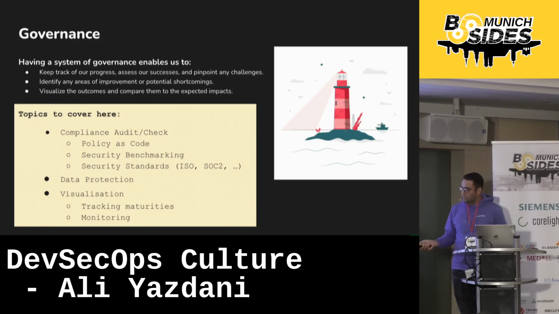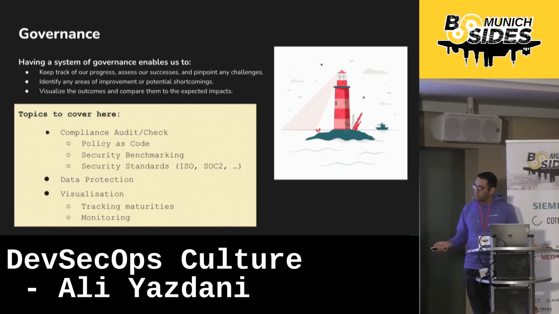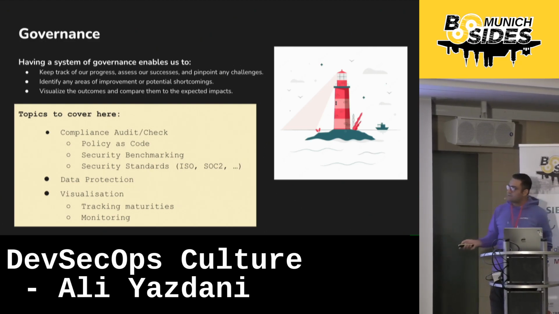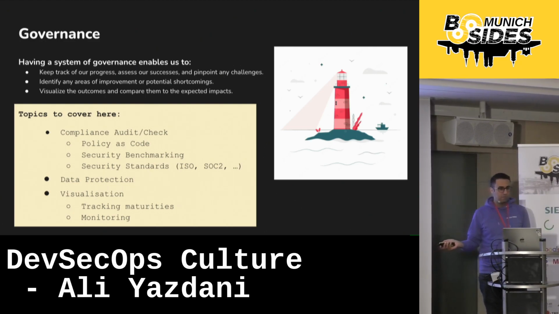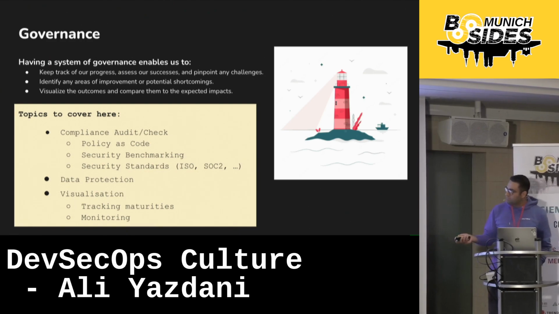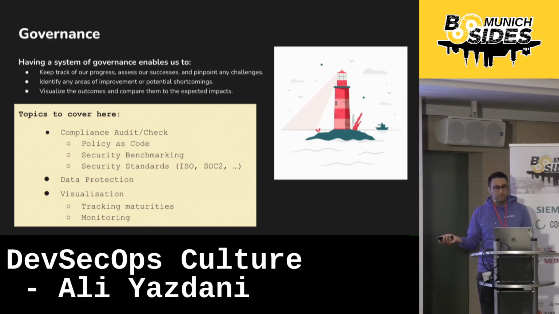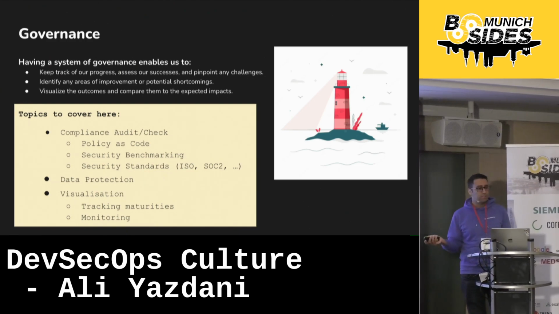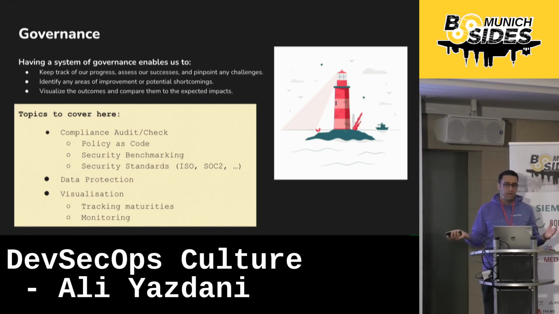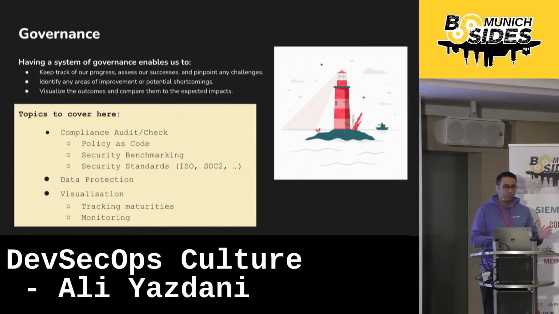Mm. Actually, it is a really good question, and you can see here a topic that I put under governance is data protection. When we provided these topics for the OWASP DevSecOps guideline project with Milan, who is my co-contributor on that project, we recognized that data protection is really important, and a lot of companies didn't care about that in the pipeline development.